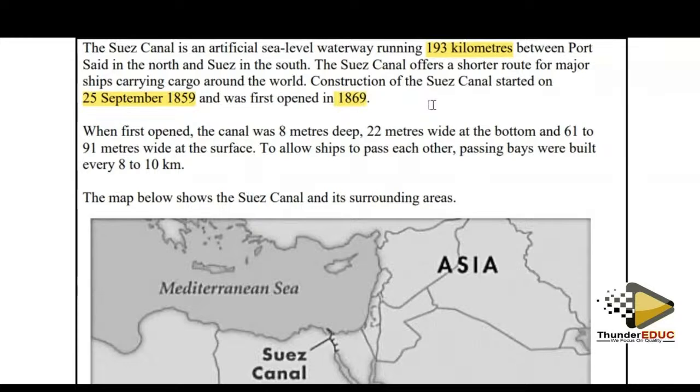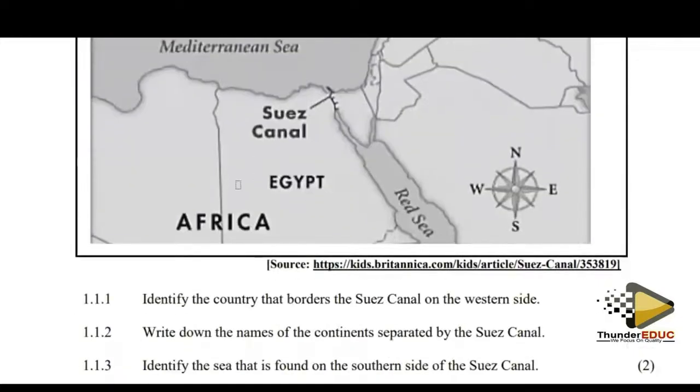When first opened, it was 8 meters deep, 200 meters wide at the bottom, and 61 to 91 meters wide at the surface, to allow ships to pass each other. Passing bays were built 8 to 10 kilometers apart. We are highlighting numbers because we might need to deal with them.